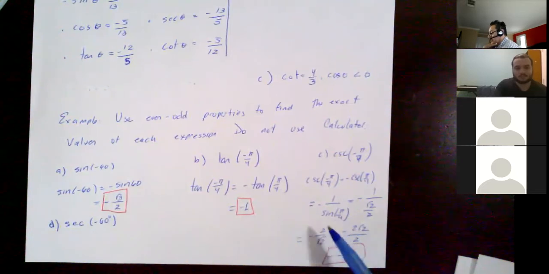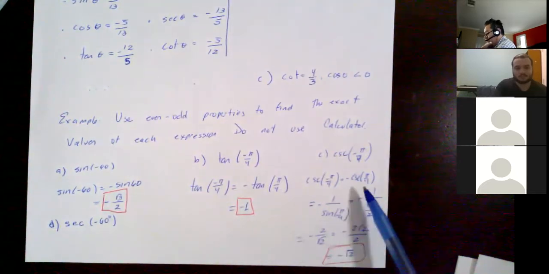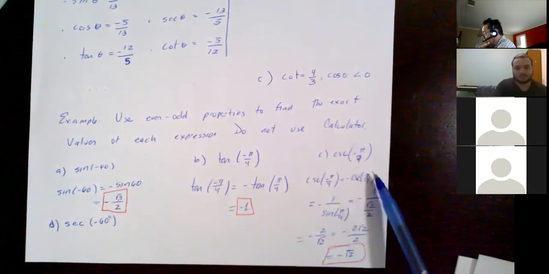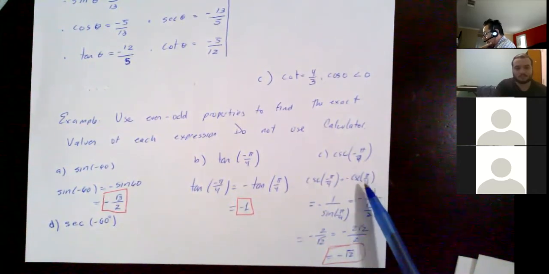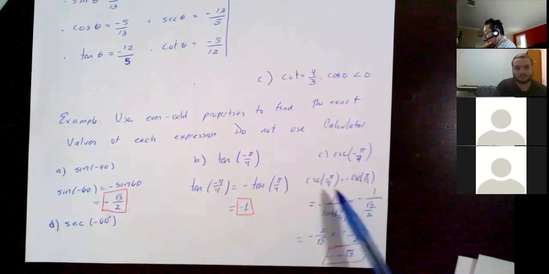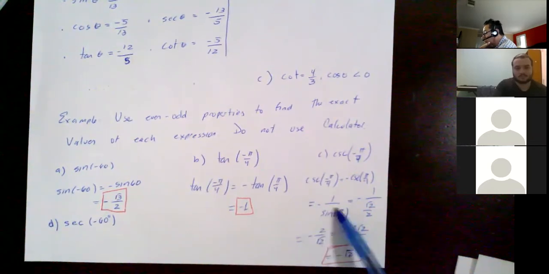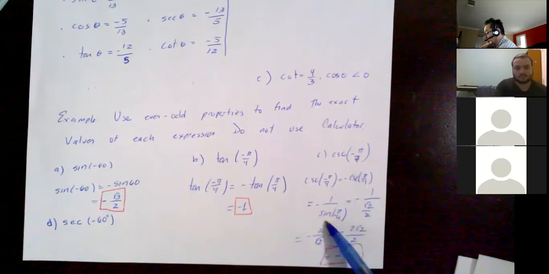So notice here, I have not memorized what cosecant of pi over 4 is, but notice I'm using the reciprocal of the cosecant, which is 1 over sine, right? I know what sine of pi over 4 is from the unit circle.